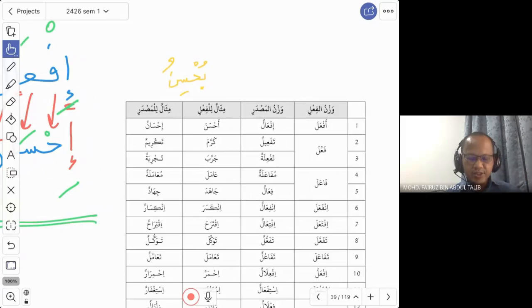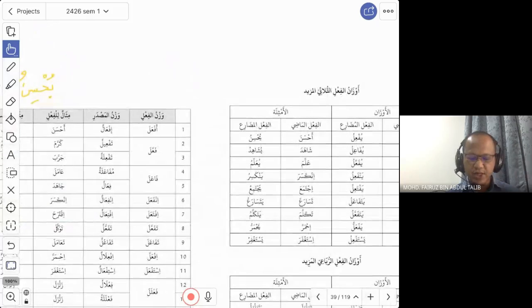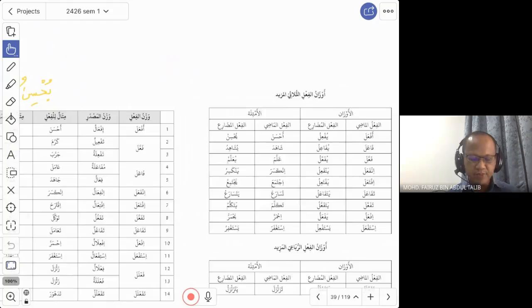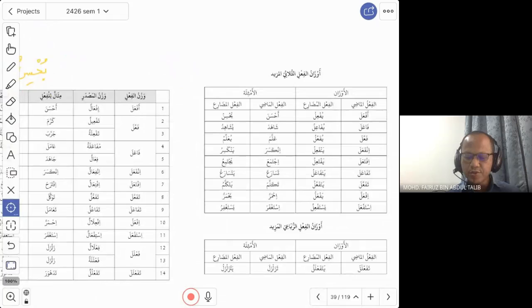And then we go to the second. If you have any question, please interrupt me, please ask. The second wazan is fa'ala. Again, as usual, refer to the old table so that you know what the mudari is. Fa'ala, the mudari is here.